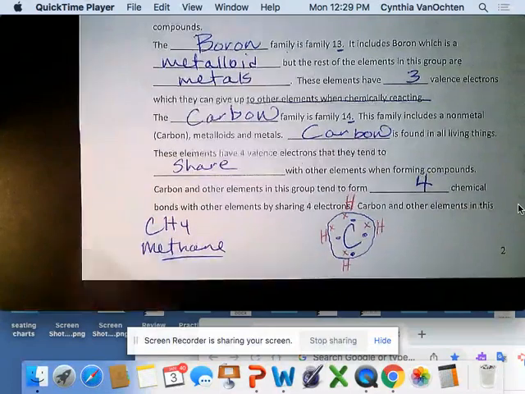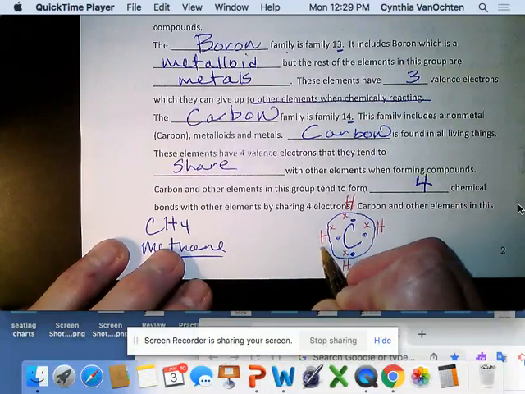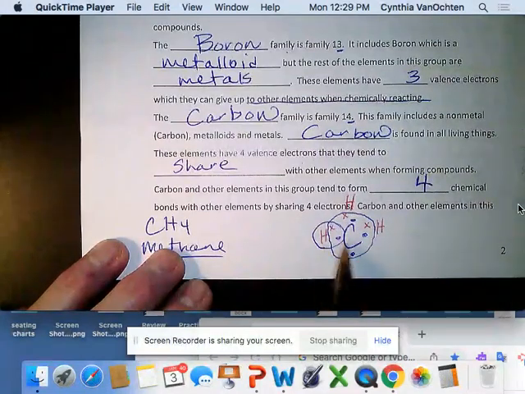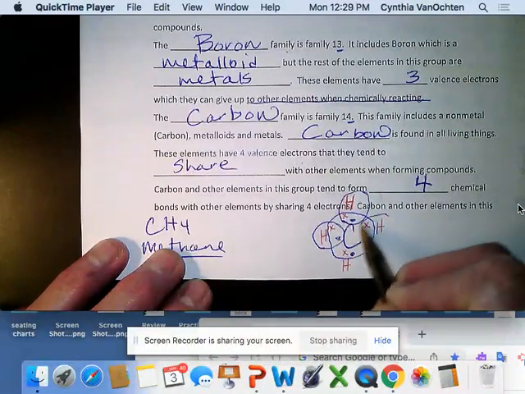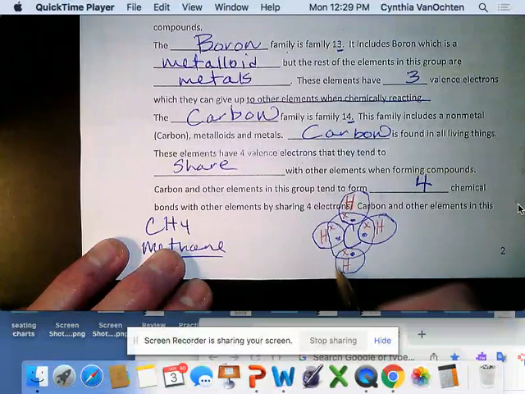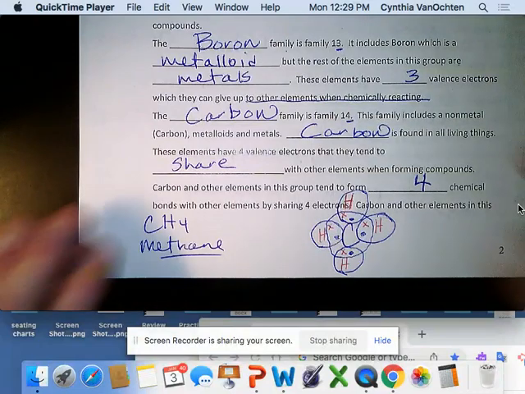Now, hydrogen only has 1 ring, and the first ring for any element can only hold 2 electrons. So when the hydrogen hogs the carbon atom's electron, it gets its stable 2, and it is happier bonded than by itself. So you can see why this compound works for both carbon and hydrogen, because atoms are always seeking to get a full valence ring, or 8 in their outer ring.